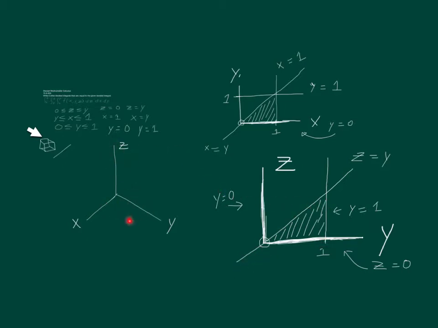So you'll have one region on the floor, one on the right hand side wall, and what you need to realize is that each one of these equations that we've plotted in one variable is actually an entire plane. And so the intersection of these planes will actually create our three-dimensional image that will help us to find the other iterated integrals that are equal to our initial iterated integral.